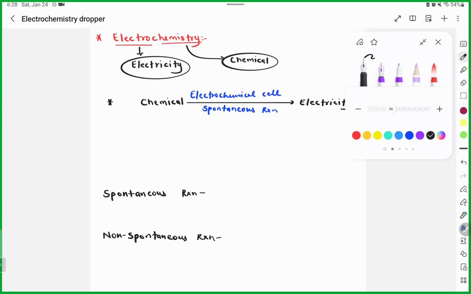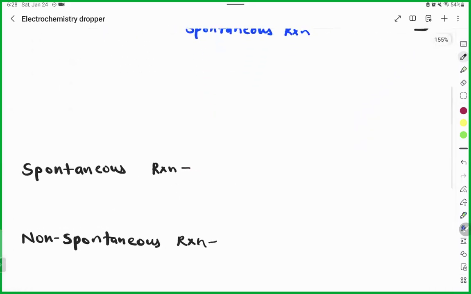That's why when you correlate this with your 11th class thermodynamics, delta G is negative, meaning energy is released overall. Entropy is increased, so entropy change is positive, and overall enthalpy is negative. It is an exothermic reaction, releasing energy, which is good. Exactly the opposite happens in the non-spontaneous.